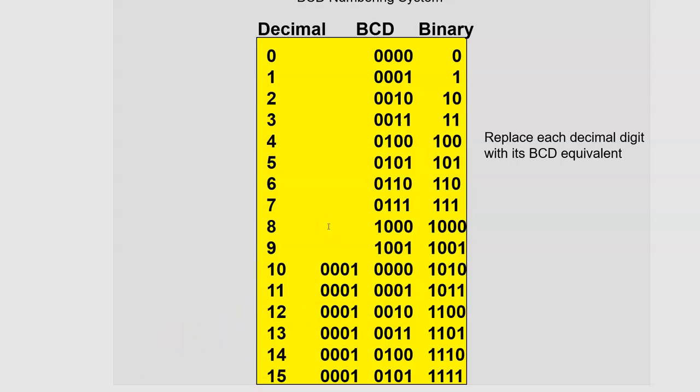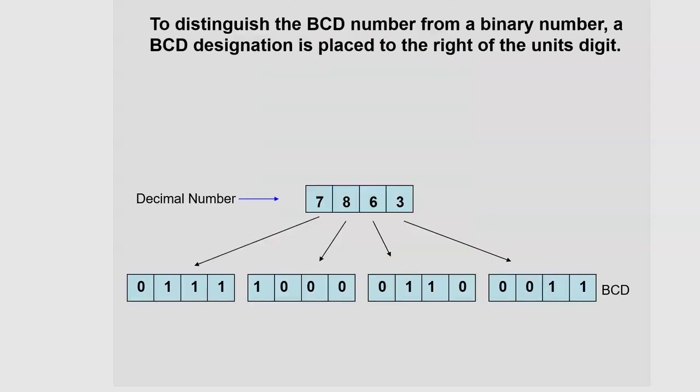So if I want to go all the way up to, let's say, beyond 99, if I have 3 LEDs, I'm going to need 3 groups of 4 bits for each one of those numbers. Once I get up to 100 or over, I'll need 3 groups of 4. So BCD is pretty simple.